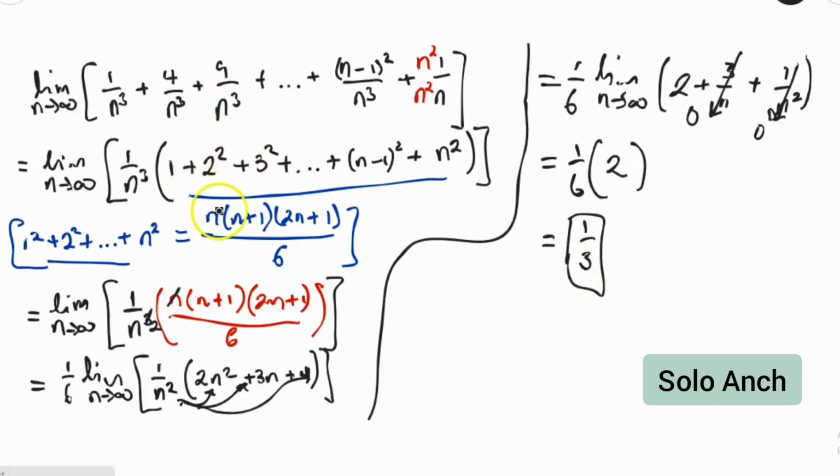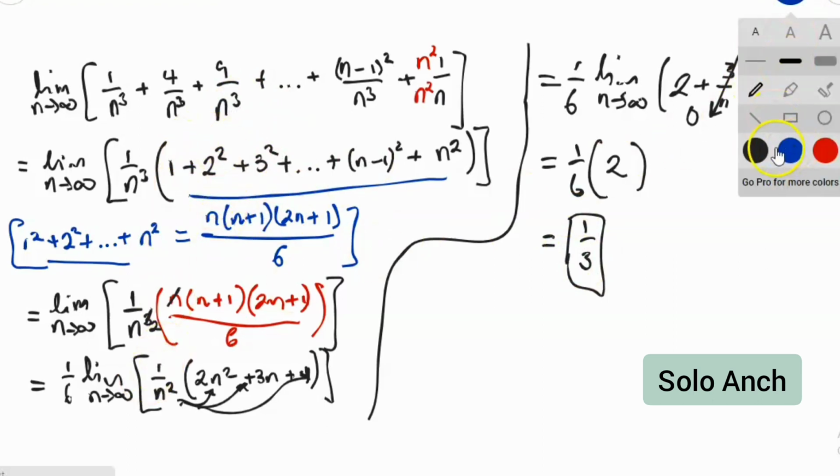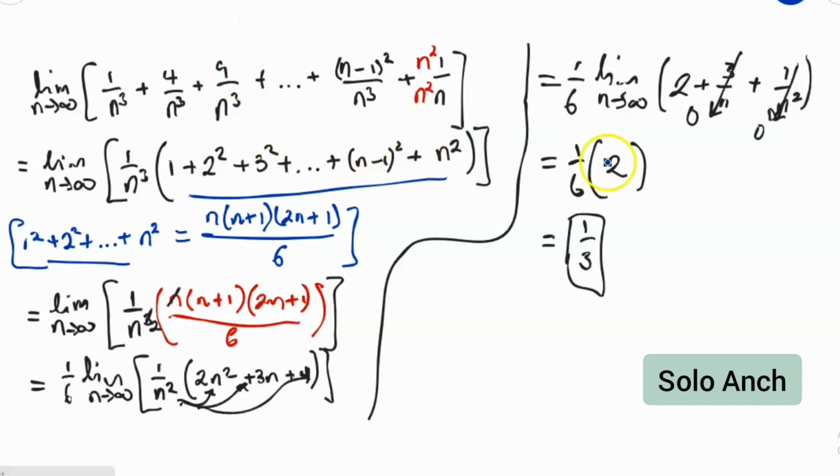But while this may be confusing at the start, some people may go ahead to say, well, using what I just explained here, that as the denominator gets increasingly large, the thing will be breaking down to 0. So you say 1 over n to the third power will approach 0. 4 over that will also approach 0. This will also approach 0, and so on and so forth.